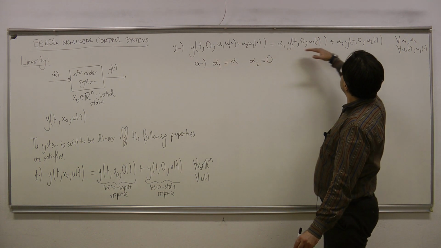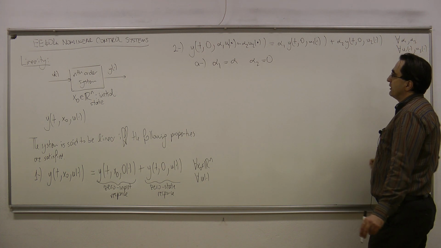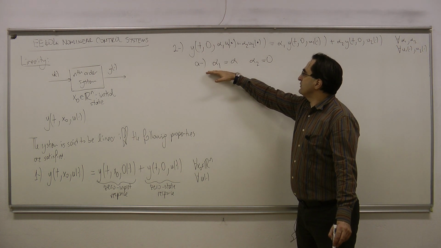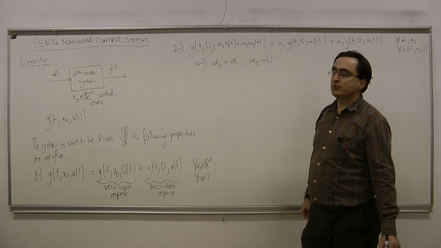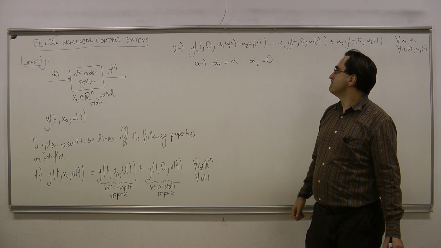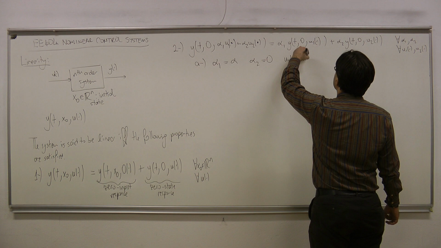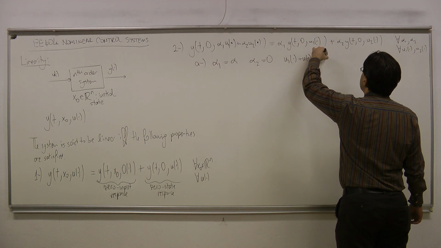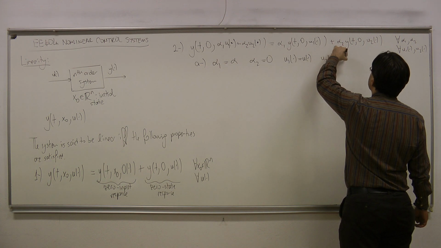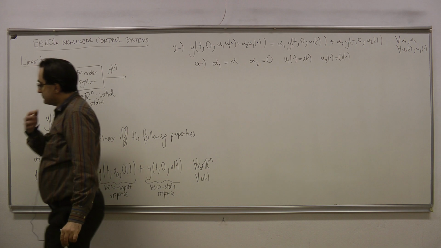So now definitely if this property is satisfied for all alpha 1, alpha 2, and for all u1 and u2, I can actually select alpha 1 equals to alpha, and I can select alpha 2 equals to 0. Let me select u1 is equal to u, and another function, u2, suppose that I choose it to be equal to 0.